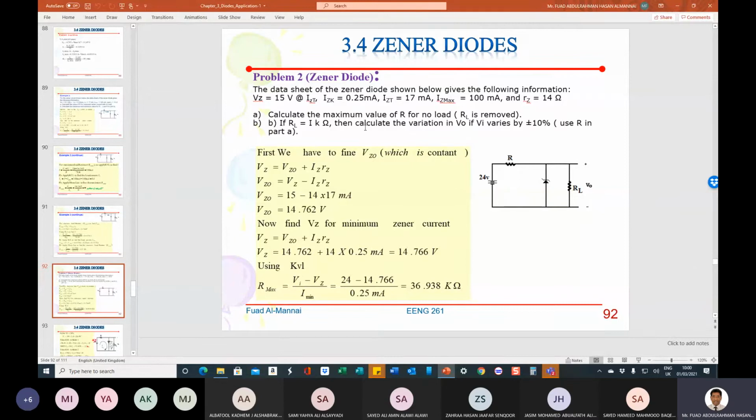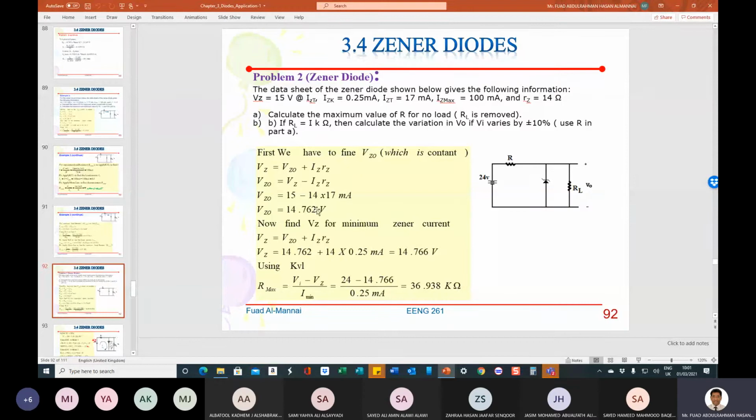Okay, all right. So the first thing is we're going to calculate VZO for the minimum, because he's asking about the maximum value. So we use minimum. For this case, we calculate VZO when IZT is equal to 17.